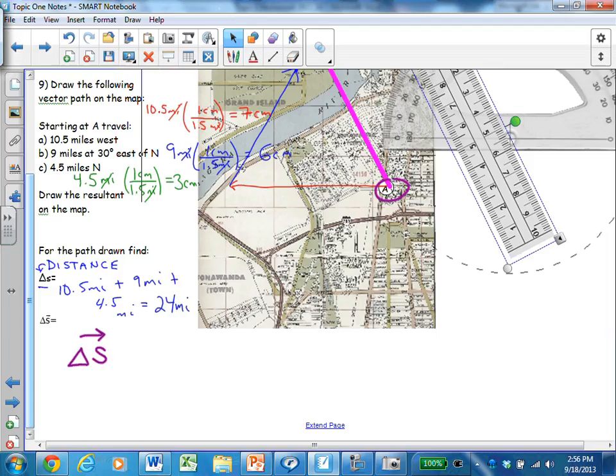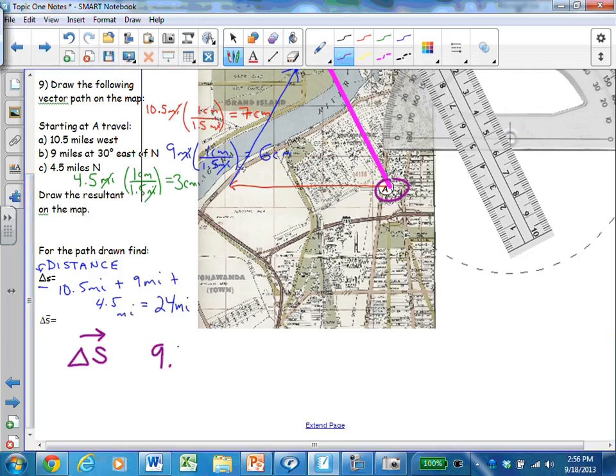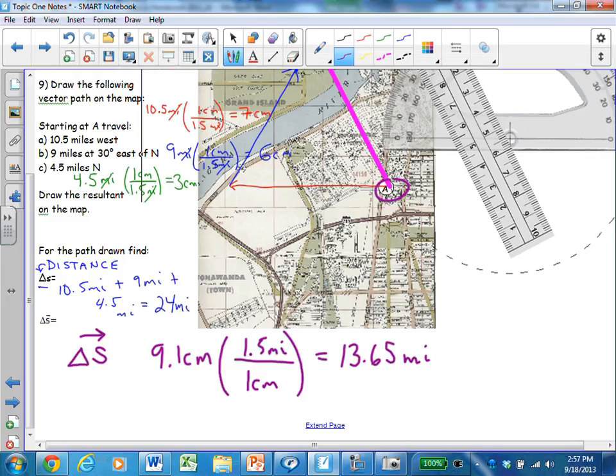So if I take the 9.1 centimeters and change that to miles, well, I know that for every 1 centimeter, it's 1.5 miles. So I'm going to get 13.65 miles. That's the magnitude part of the displacement.